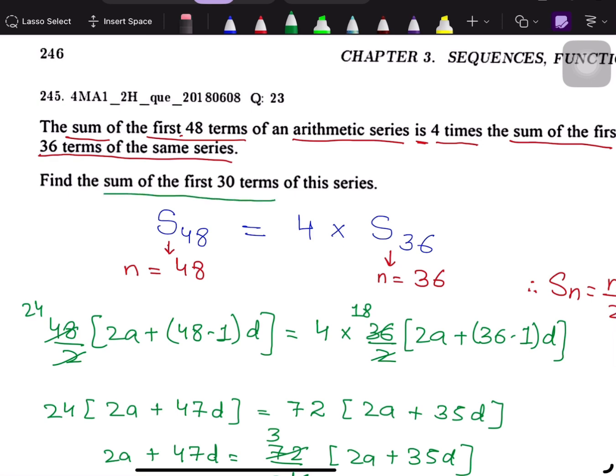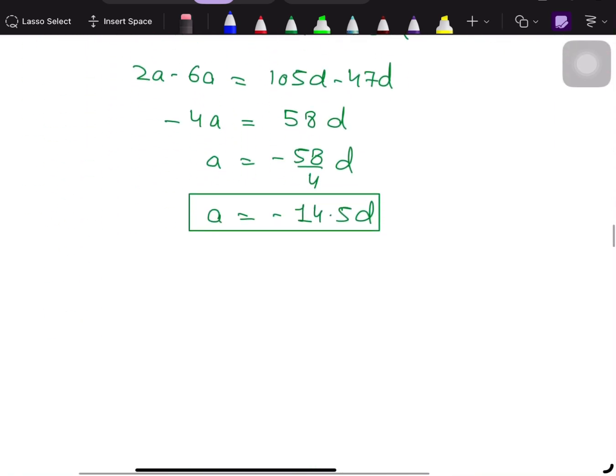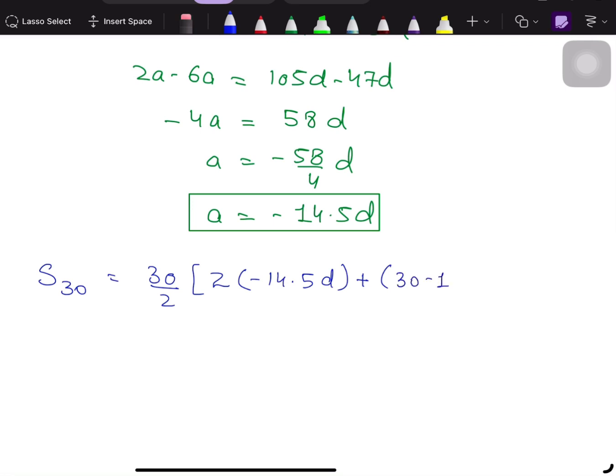Now in order to find the sum of 30 terms of the series, I will apply the formula again. S30 would be equal to 30 upon 2 times (2a, but instead of a I will write what I have got as a relation, that a is equal to negative 14.5d, plus n minus 1, meaning 30 minus 1, times d as it is).